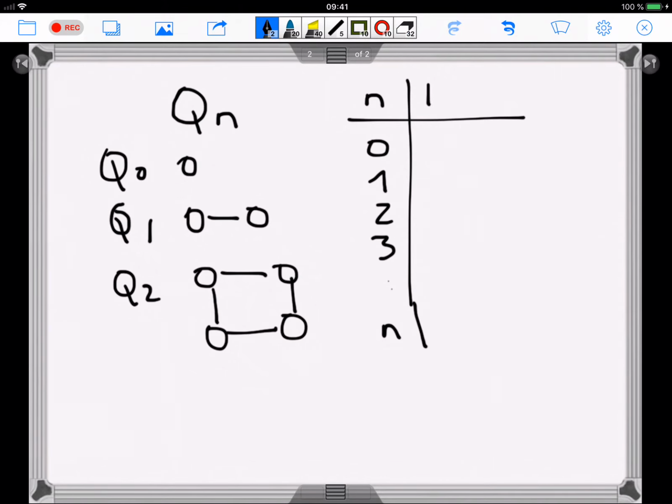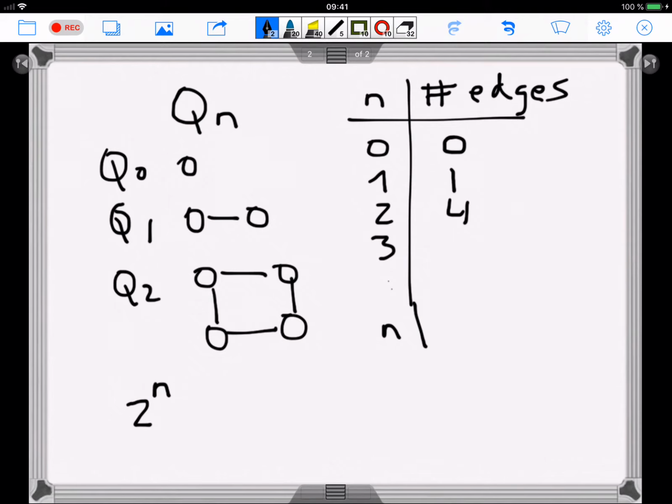So now the number of edges. Clearly, in the first case it is 0, in the second case it is 1, in the third case it is 4. So now the general rule is not so clear. But now we know the number of vertices, which is 2 to the power n, and we know the degree of each of the vertices.